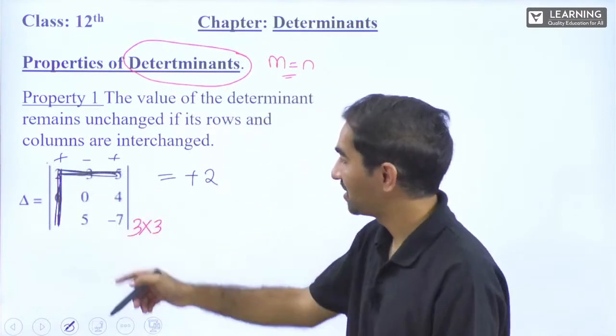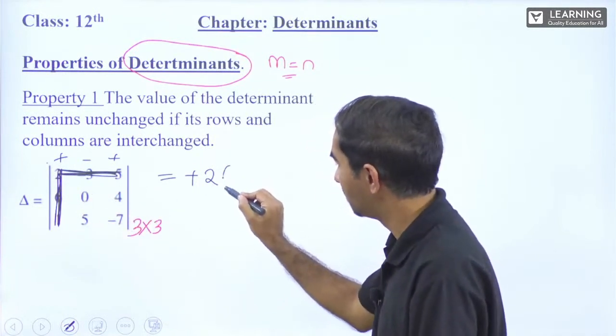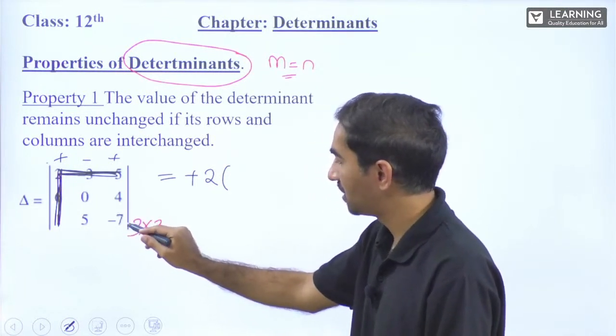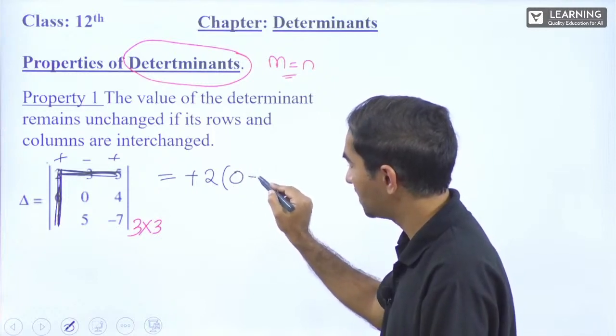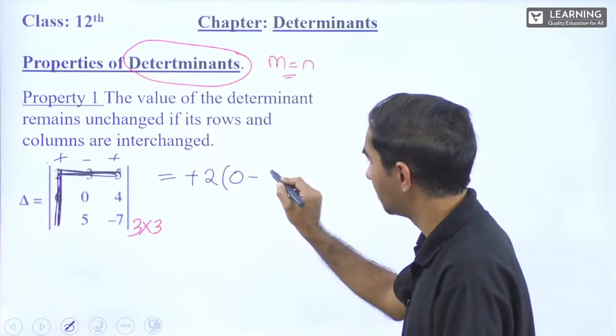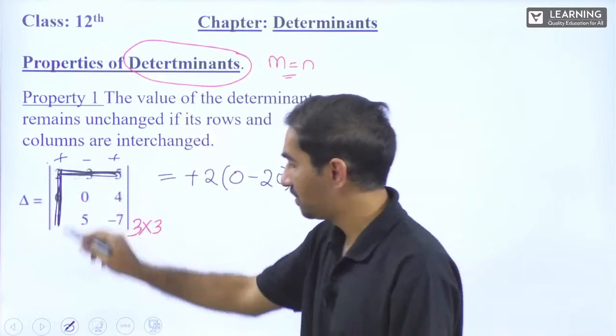Now what is remaining? This is what is remaining. What is the value of this determinant? Multiplication of the principal diagonal: 0 into minus 7 will be equal to 0. The default sign is minus, and multiplication of the next diagonal: 4 5s are 20, we will write that as it is, 20. The first element is done.